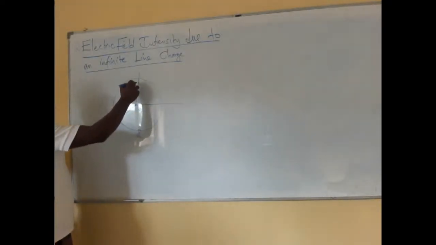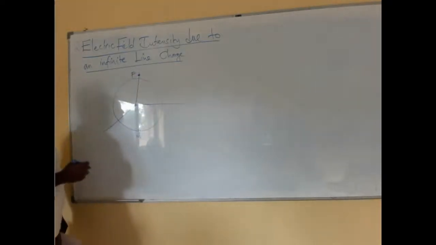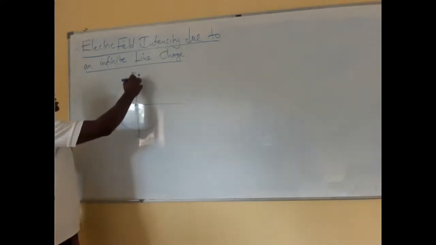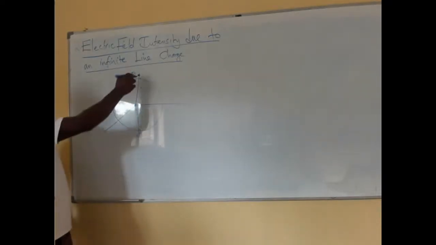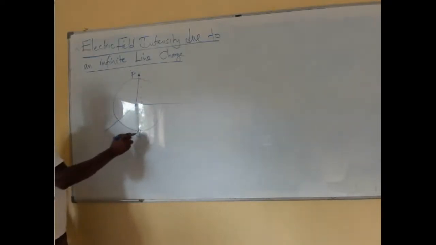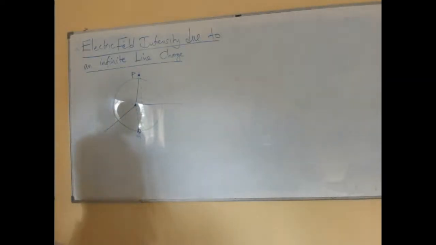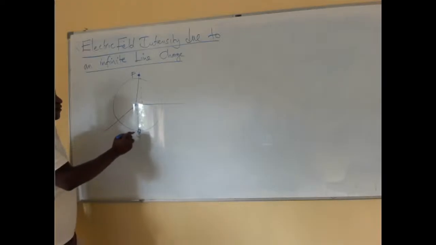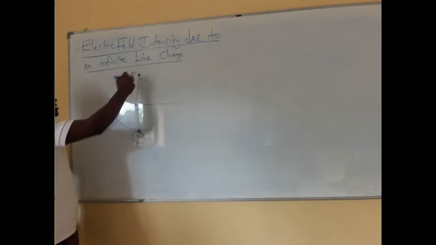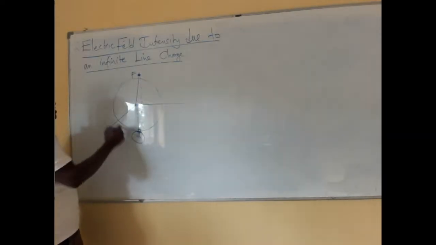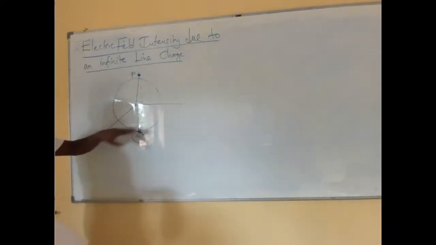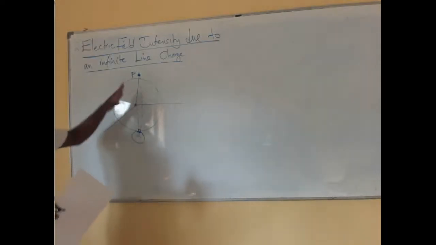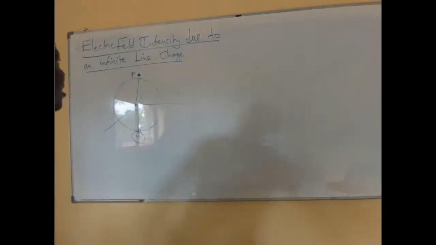We put a point P somewhere here, and found the charge exerted on point P due to a small element dl. Then we integrated from 0 to 2 pi to get the effect of the entire ring.